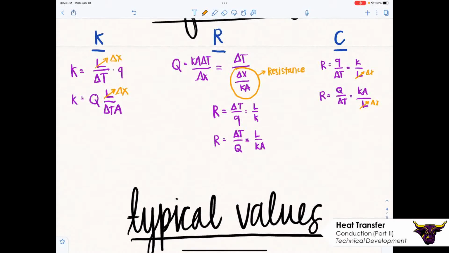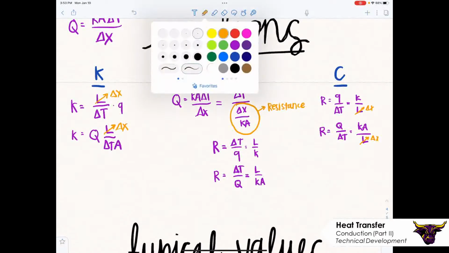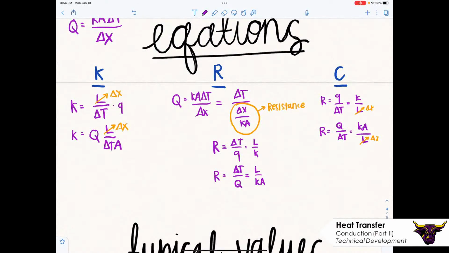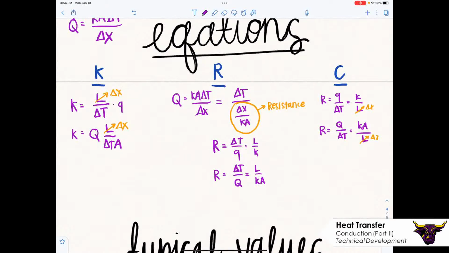And that will really come in, well, thinking about common units here. Let's go through that before I look at typical values. So, units here are going to be, typically for K, watts per meter Kelvin, or BTU per hour. So BTU per hour is kind of your equivalent to watts. You'd have to look up the specific conversion factor. I don't know off the top of my head how you can go from BTU per hour to watts.